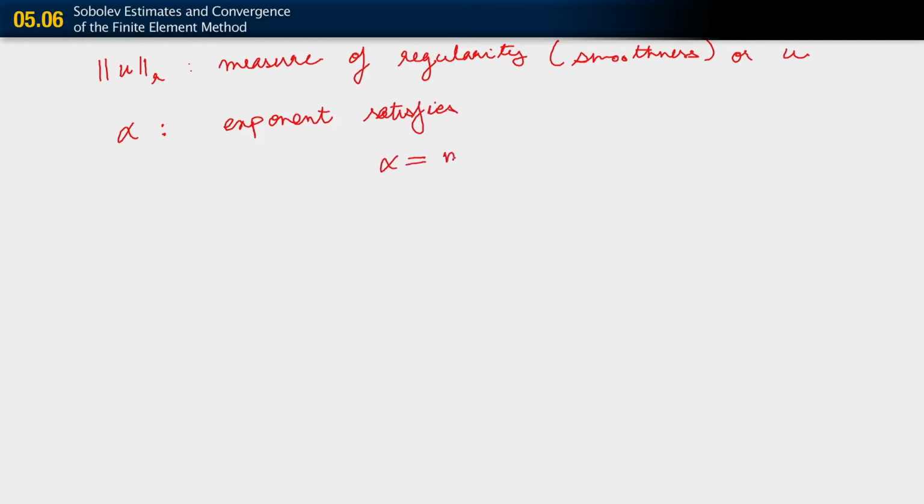Alpha is equal to the minimum of k plus 1 minus m and r minus m, where what is k now? k is the polynomial order of our finite dimensional basis.